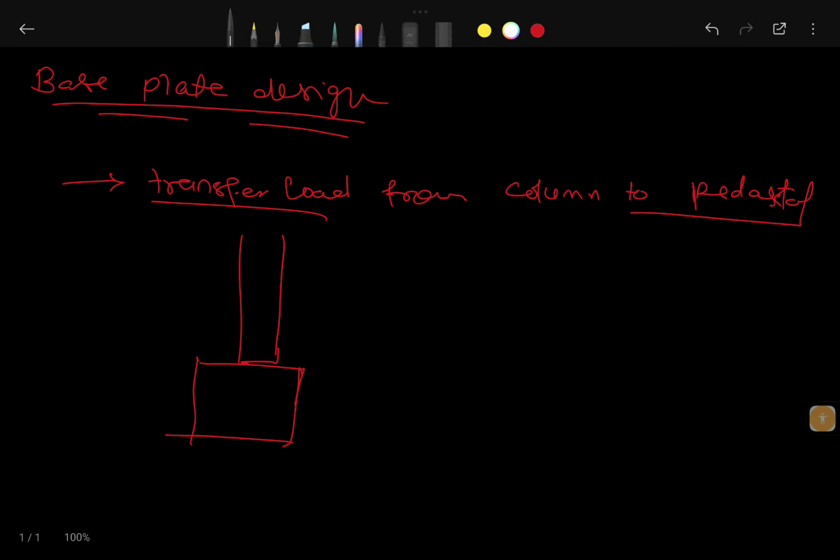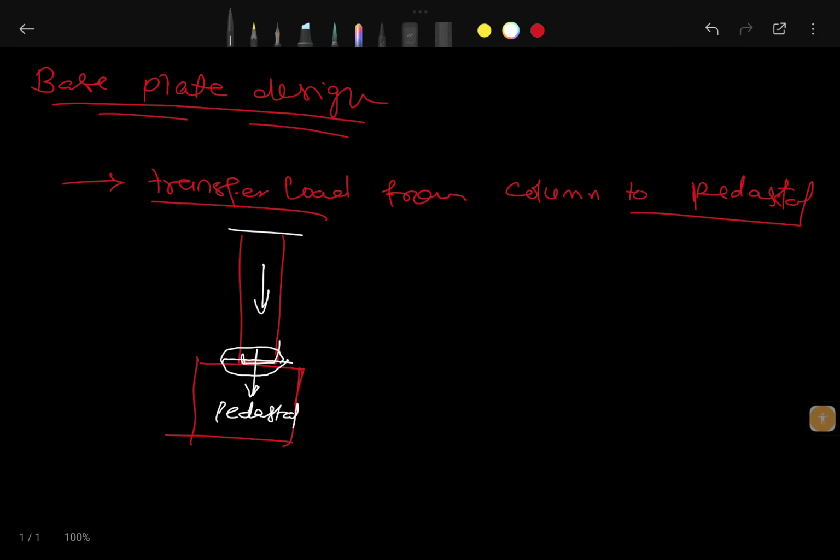If we don't consider anything at this joint, then this column will penetrate directly into this pedestal. That's why we use something to transfer this column load safely to this pedestal.